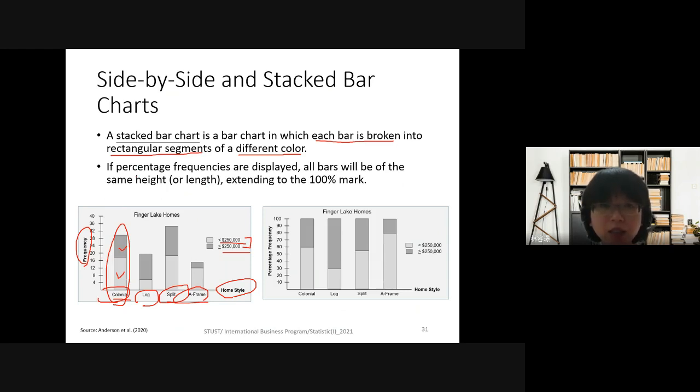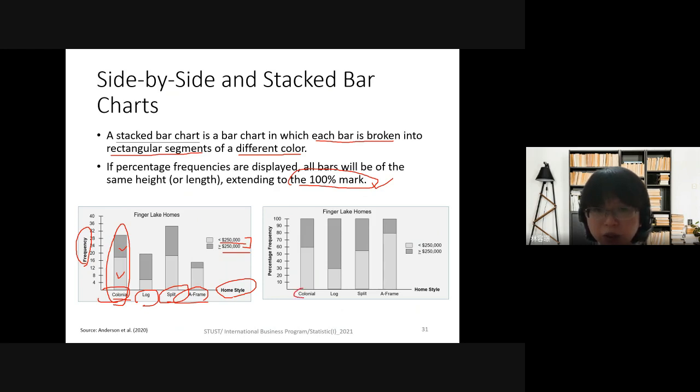And if the percentage frequency is displayed, all the bars will get 100, 100 percent from their composition.